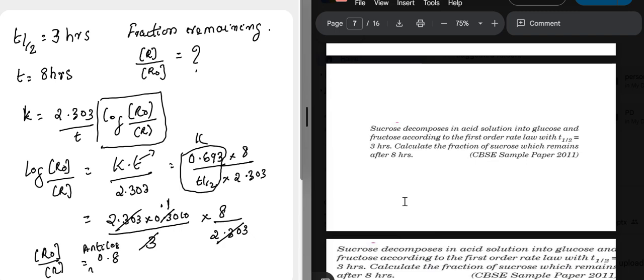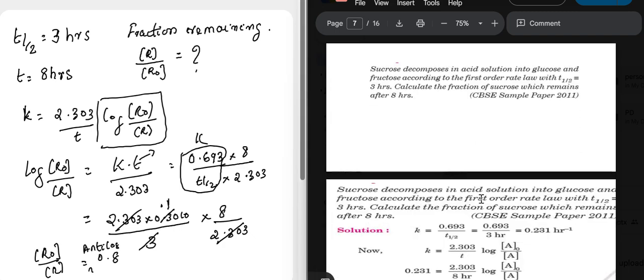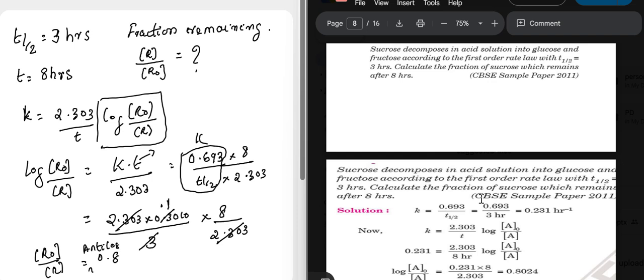Because it's coming in the logarithm table, it's better to find out 2-3 digits after the decimal. So we have to divide the whole thing, 0.3010 divided by 3.